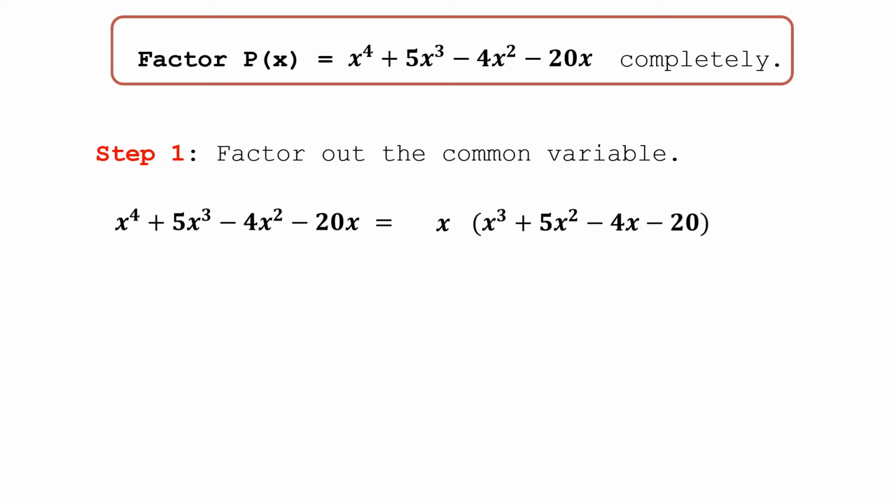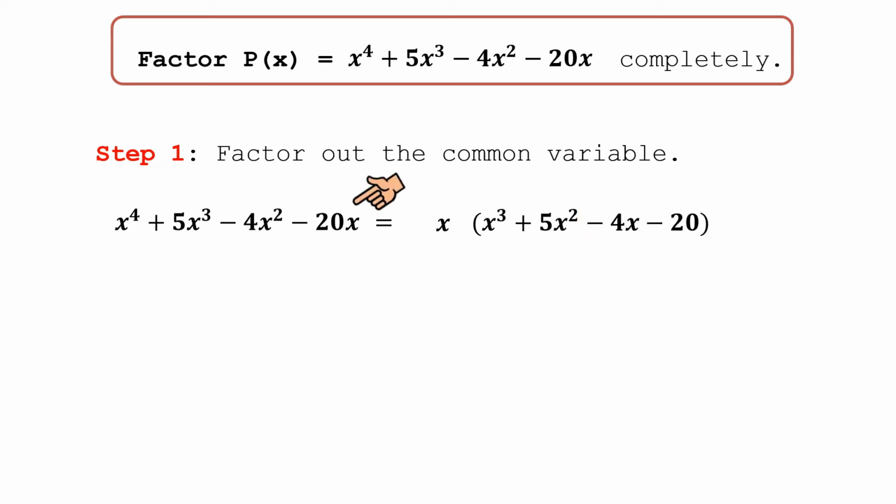How did we arrive at this? We have x raised to 4 divided by x, and that's equal to x raised to 3. Next is to divide 5x cubed by x, that's equal to 5x squared. And then negative 4x squared divided by x is equal to negative 4x.